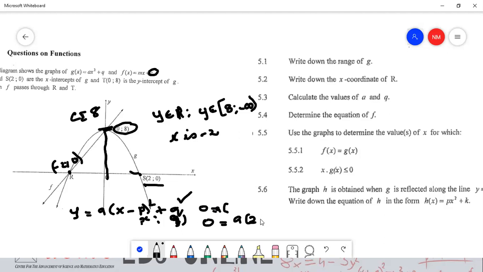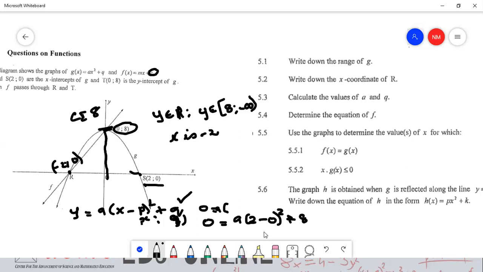So it is 2 minus, what is the value of x at the turning point? It is 0. So 2 minus 0 squared plus q. Q is 8, isn't it? Oh yeah, q is 8.